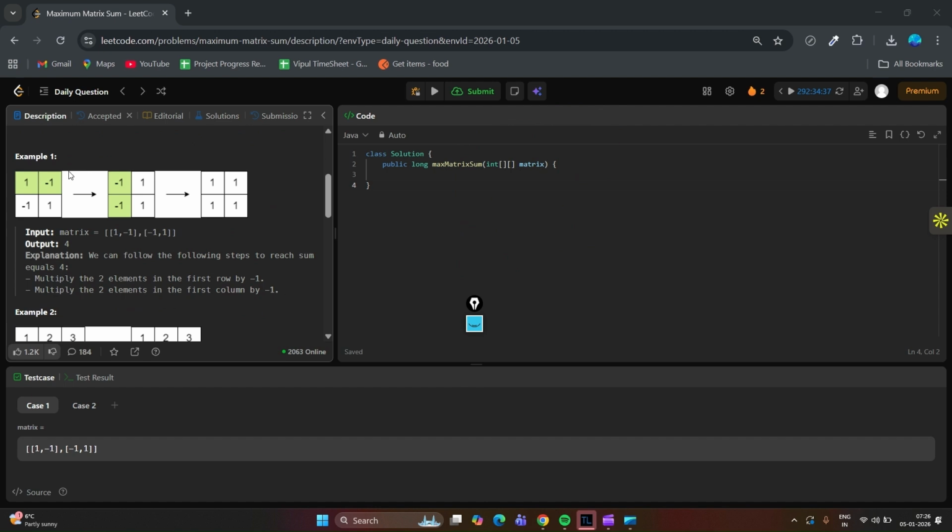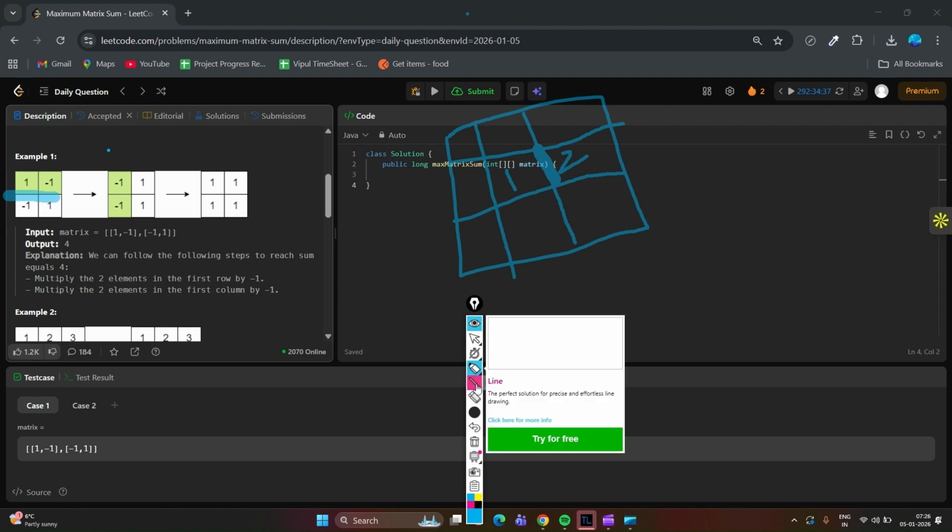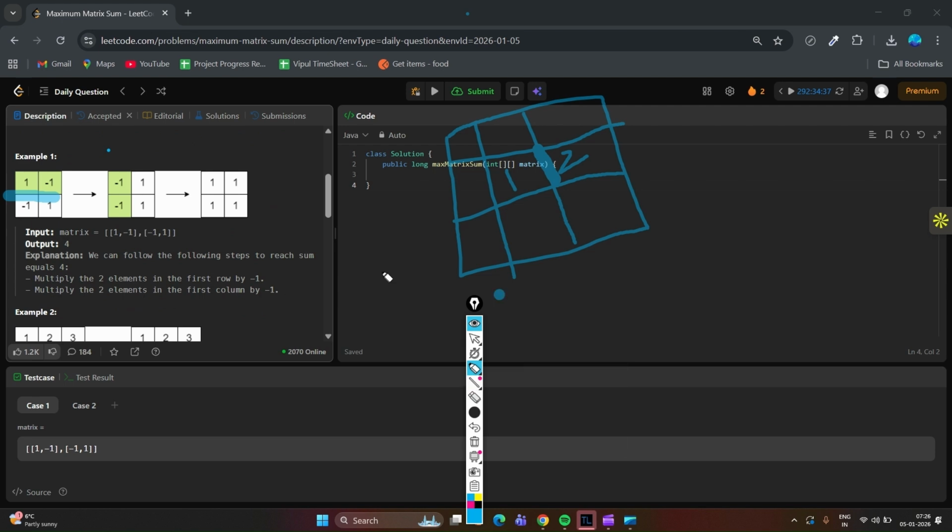So look, 1 and minus 1 are adjacent, and since they are adjacent you can multiply each element by minus 1.